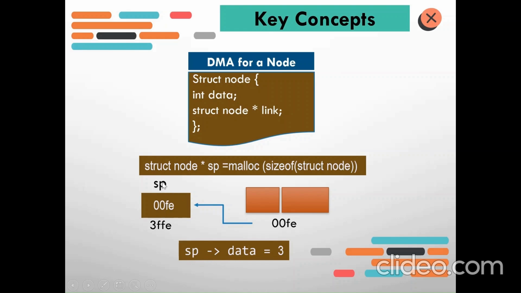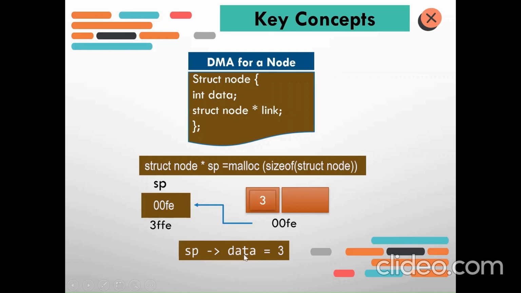Just like when we say A and we store 10 here, then we print A, it prints the contents of that A cell, which would be 10 in this example. Similarly, when I say sp, it means 00FE, the contents stored at that location, right? So this means the data part of sp or 00FE, which would be right here.